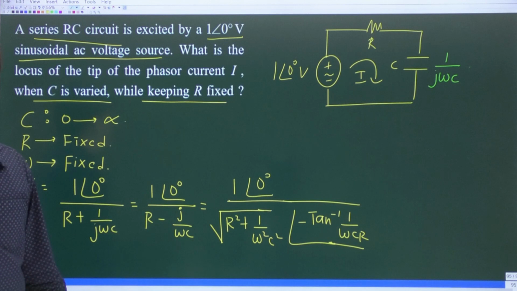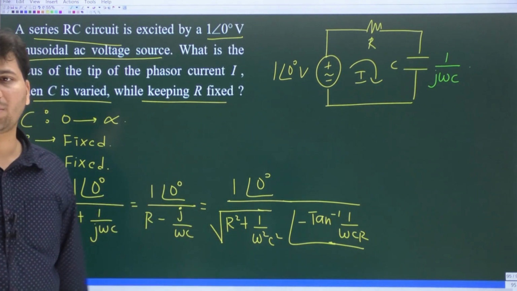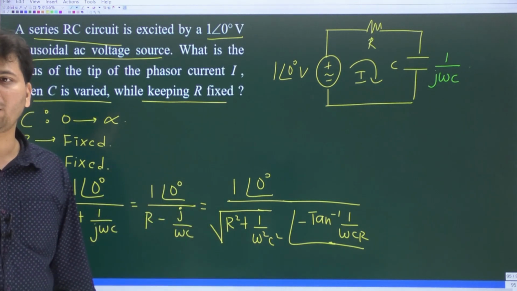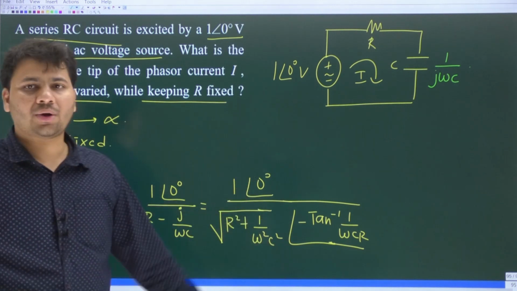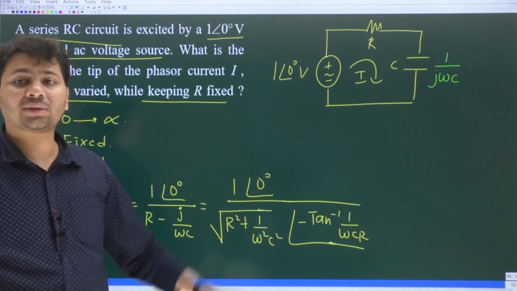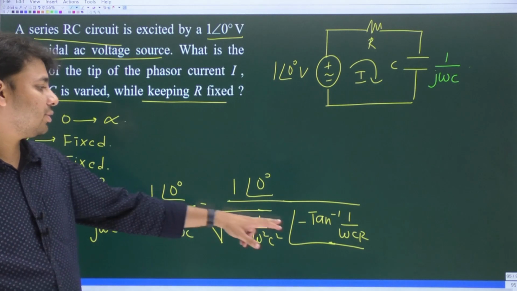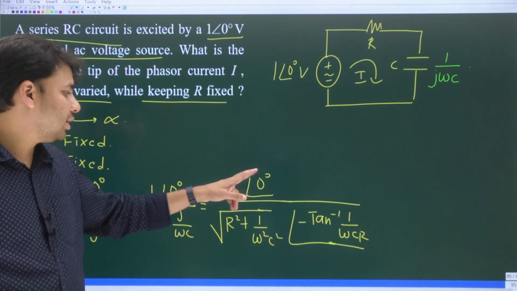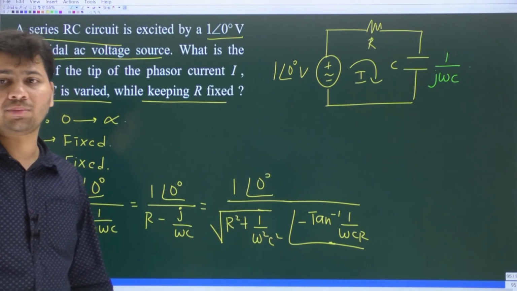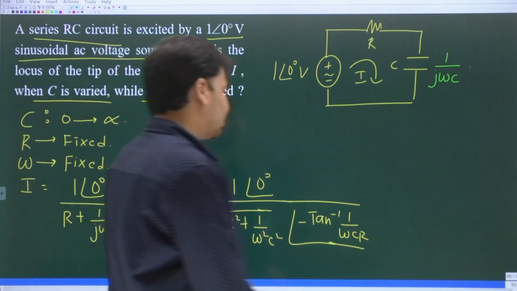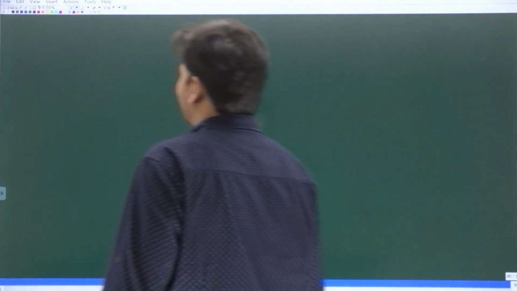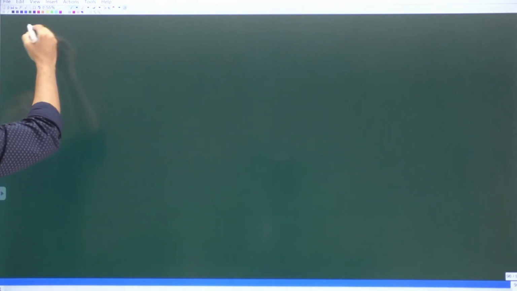So what is the overall magnitude? 1 divided by square root of R square plus 1 by omega square C square. What is the overall angle? Angle of numerator minus the angle of denominator. When you subtract this angle from 0 degrees, 0 minus of minus would become positive. Yes. So on the next slide, I will write the expression for the current.